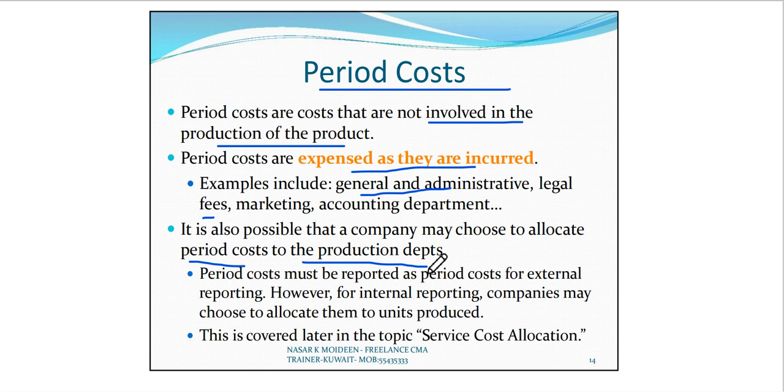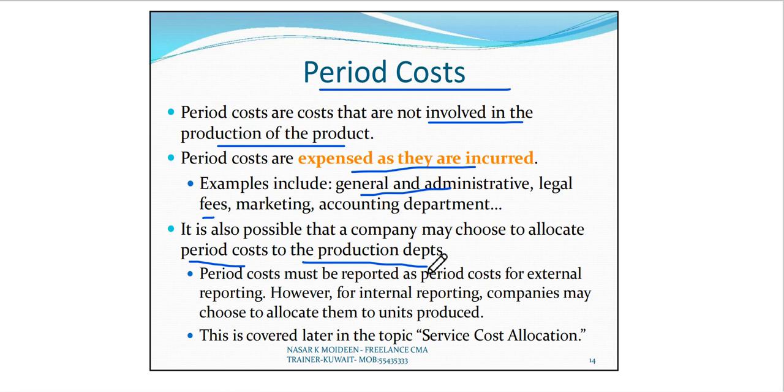So sometimes we will allocate all the cost, even if it is not related to the production, and add it to the cost of the product to understand the total cost incurred to produce and sell this product. Then we will see, okay, this is the total cost we are incurring and how much percentage of margin we have to add.